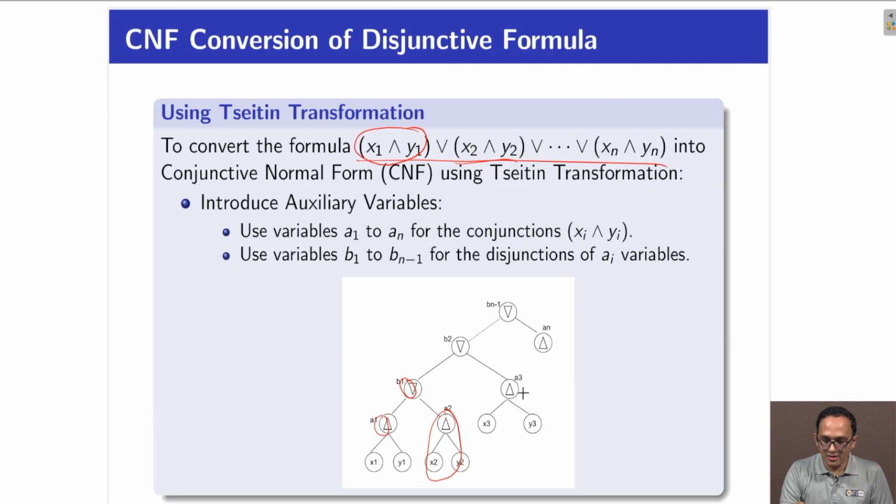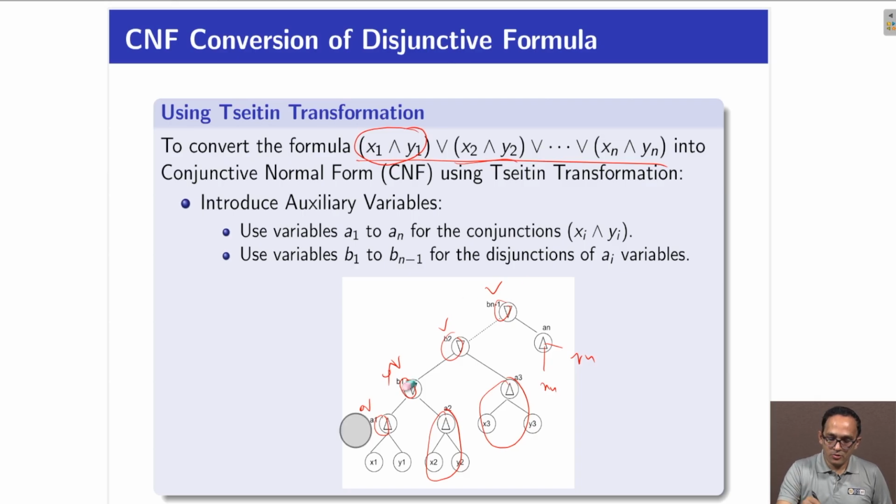And then this is x3 and y3, then you will have x4 and y4, and then finally you will have xn yn, and they are getting ORed here. So, these are the OR operators and these are the AND operators. So, this is the AST I will get.